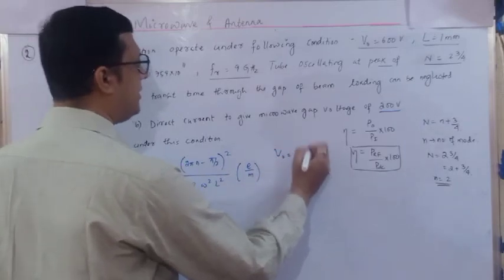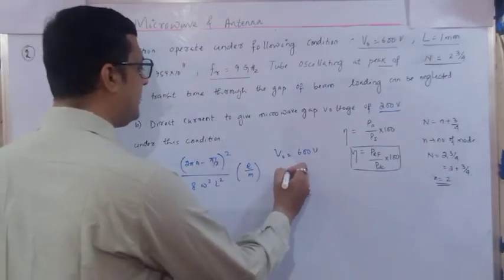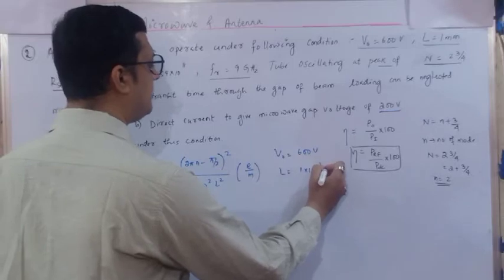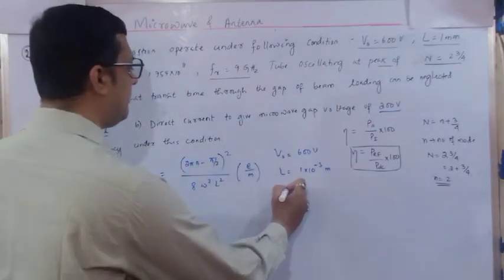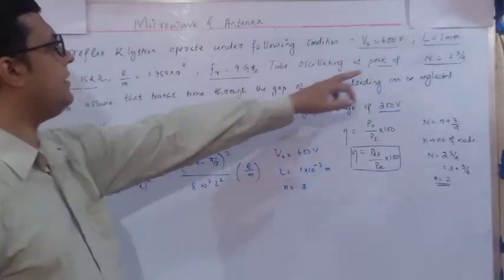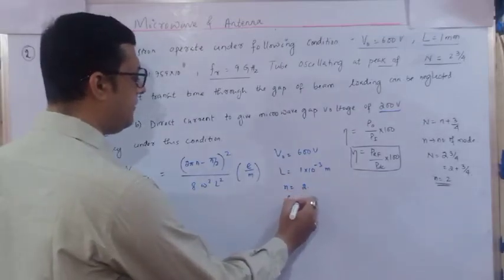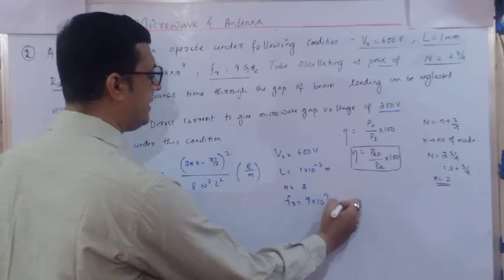Whatever data is available, we will jot it down. Then what is the repeller distance? Repeller distance is 1 into 10 to the power minus 3 meter, because it is 1 millimeter. What is the number of modes? Number of mode is 2, because here we have n equals 2, 3 by 4 mode. And what is our resonating frequency? 9 gigahertz, 9 into 10 to the power 9 hertz.